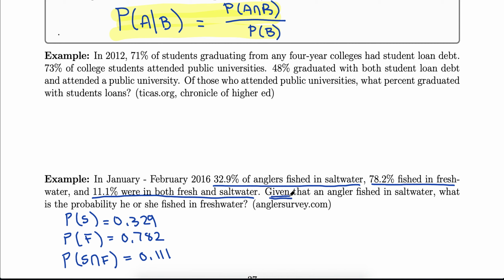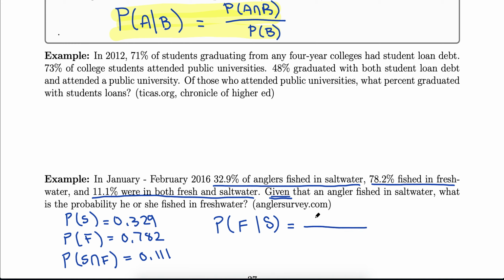Given, there's our key word, we're going to need that vertical line, that an angler fished in salt water. So let's jot that down. Given, and the given info always goes after the line. So given salt water, what's the probability he or she fished in fresh water? The probability I'm interested in finding is fresh, but I'm given that this person also fished in salt water.